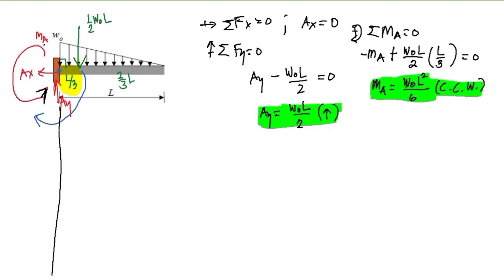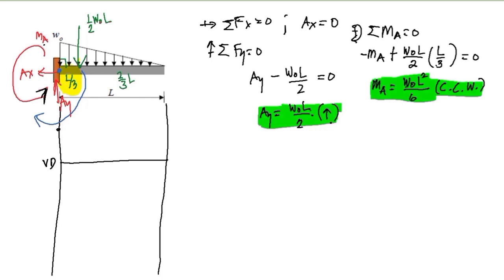So in drawing the shear and moment diagram, let's start with the shear. As you can see here from our previous computation, our shear diagram starts with AY. The AY is W sub O L over 2, directed upward. So aakyat siya. Sir, nawala po yung share screen po. Oh, sorry.